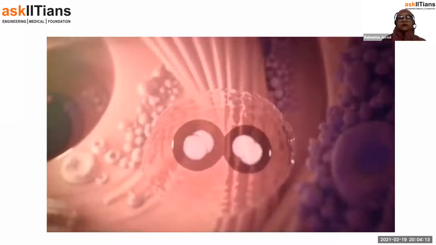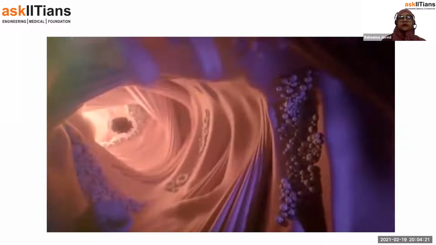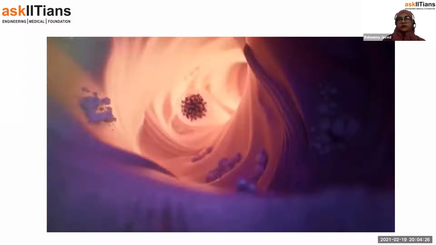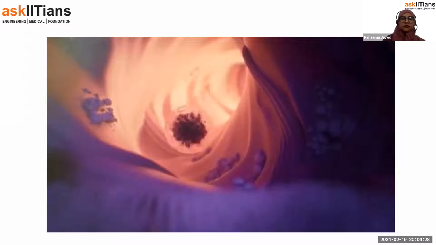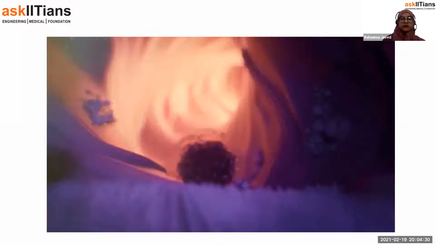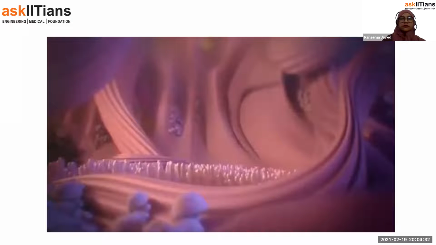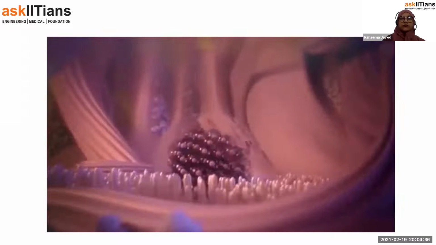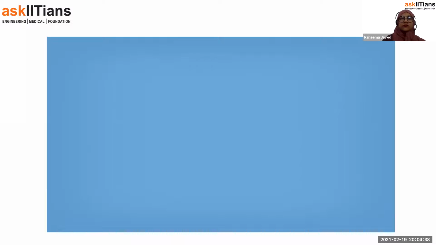The zygote starts to divide into a cluster of cells and begins to travel to the friendly and safe habitat of the uterus. When the zygote is divided into a bubble of cells, a blastocyst is formed with an inner layer of cells making up the embryo and an outer layer which will protect and nourish the embryo. The blastocyst then finds a comfortable place to stay in the uterus.